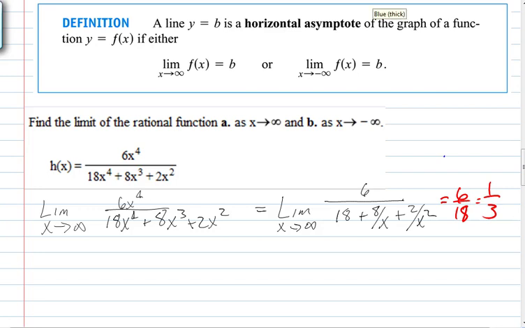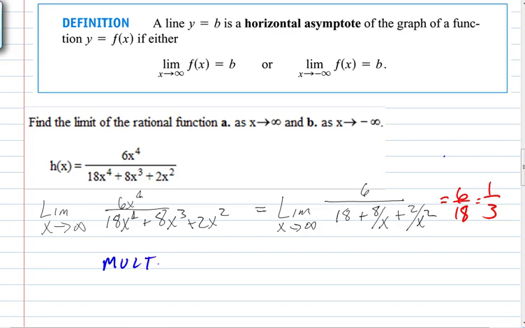I'm multiplying the numerator and the denominator by 1 over x to the fourth. Multiplying by 1 over x to the fourth is the same thing as dividing by x to the fourth. Let me say that again.